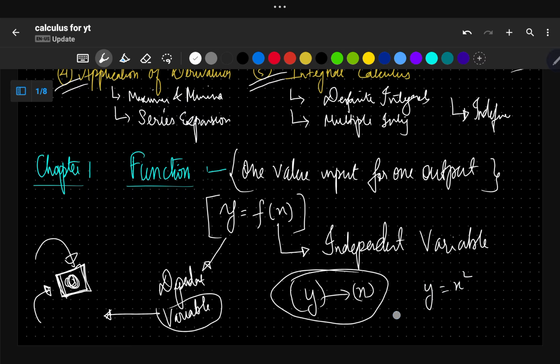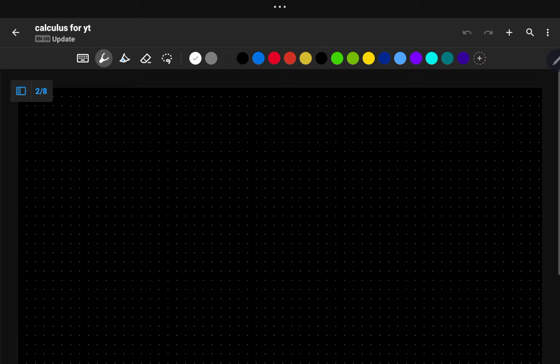If we put x equals 0, then y equals 0. If x equals 1, y equals 1. So x is independent and y is dependent. Clear?